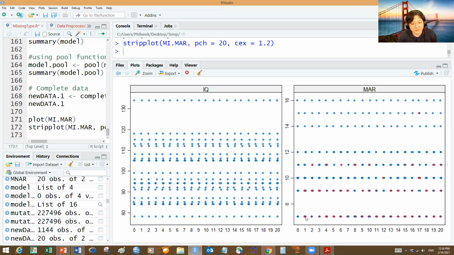If we find a red dot far outside, say over 16 when the observed values are elsewhere, that means the imputed value is out of the range of our observed data. This is another way to evaluate the convergence of your imputation.